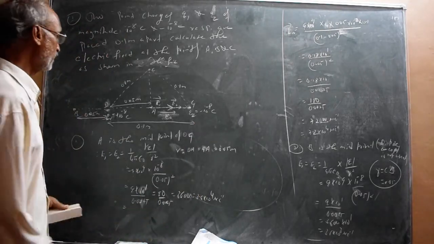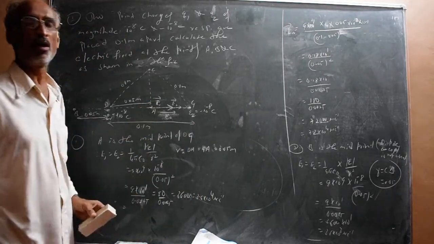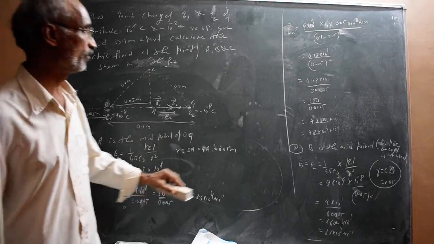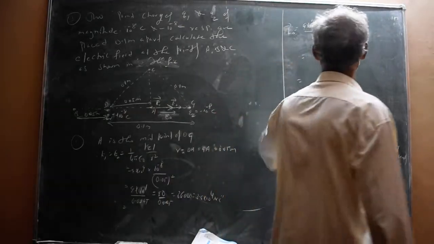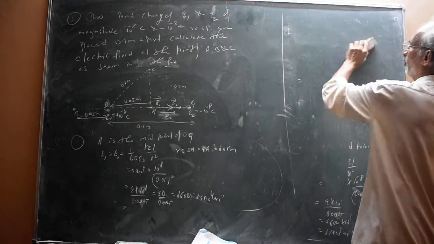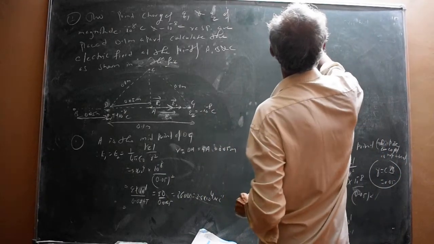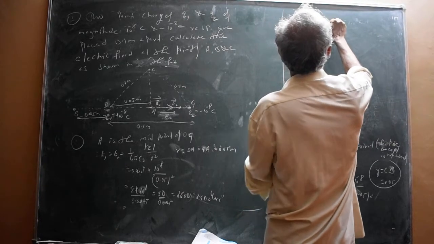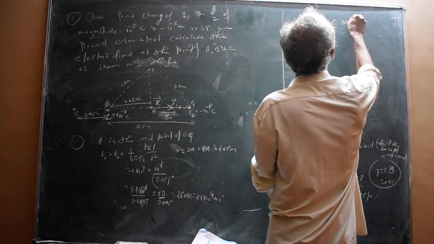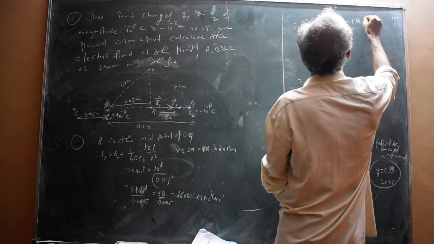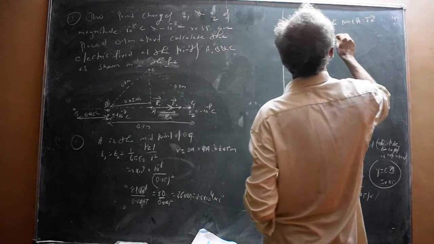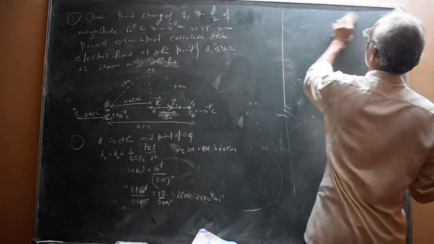So now, what is the resultant field? EA bar is the resultant field at the point A. The question asks: what is the field at the point A?